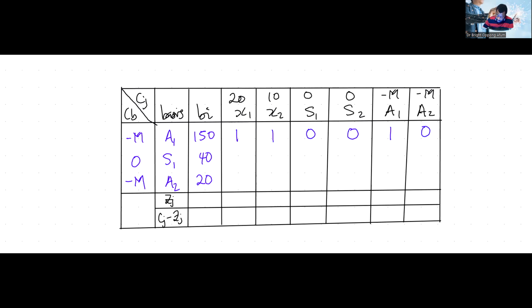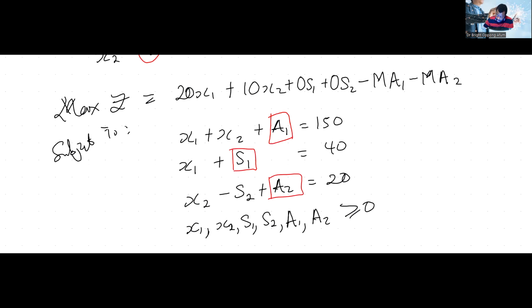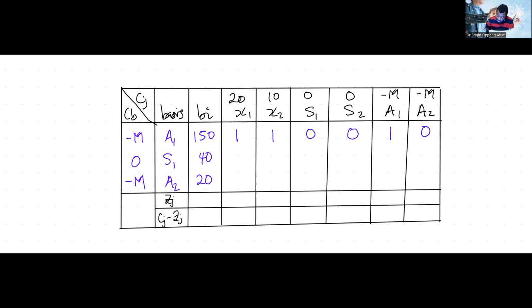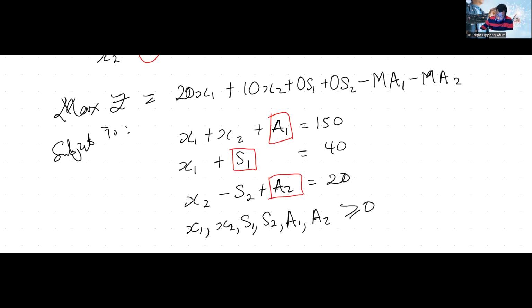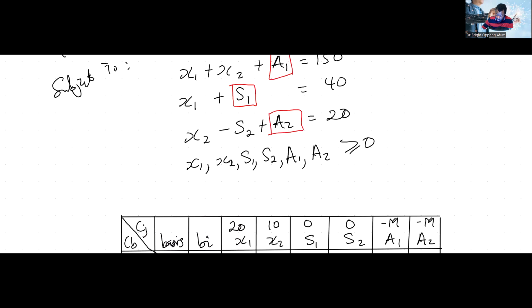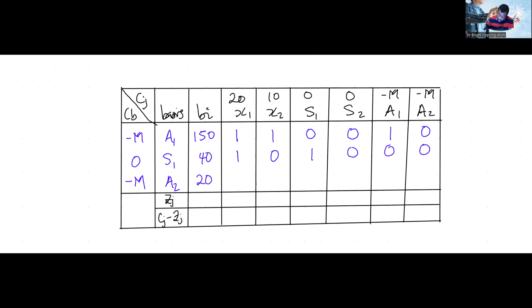Then for 40, 1, 0, 1, 0, 0, 0. Then for the third constraint, 0, 1, 0, negative 1, 0, 1.